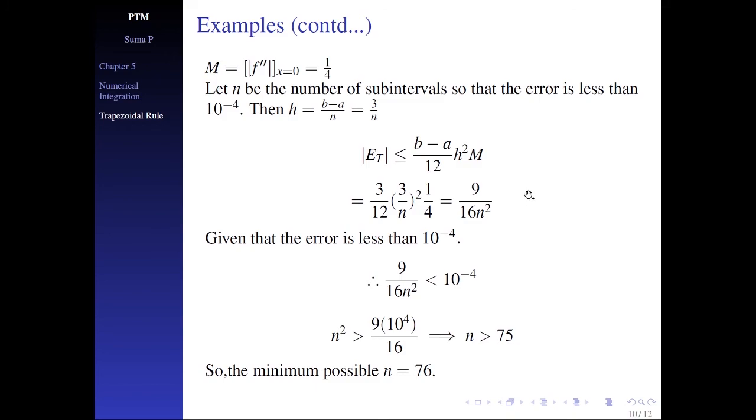But given that it should be less than 10 raised to minus 4, so we have 9 by 16 n square is less than 10 raised to minus 4. From this we can write n square will be greater than 9 into 10 raised to 4 by 16, and hence n will be greater than 75. So n is an integer and should be greater than 75, means the minimum possible n, the answer is n is equal to 76.